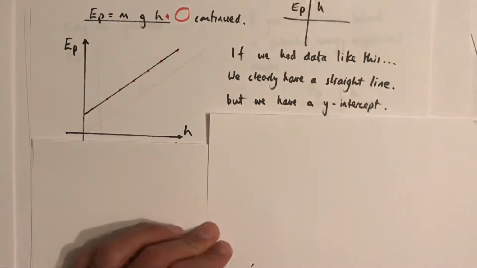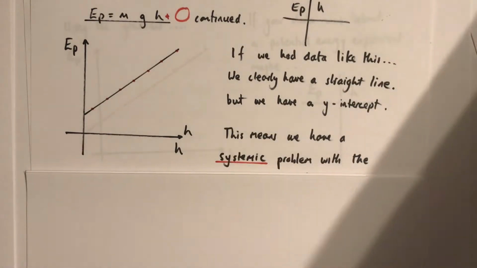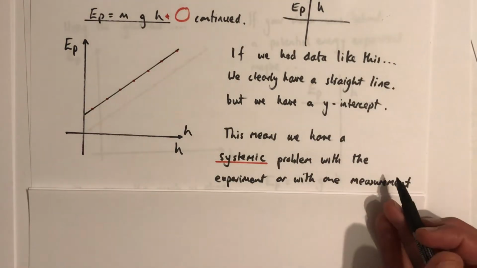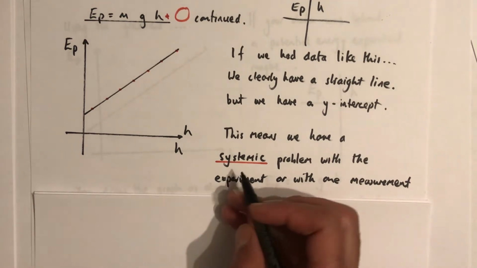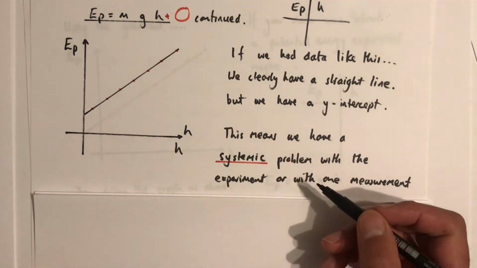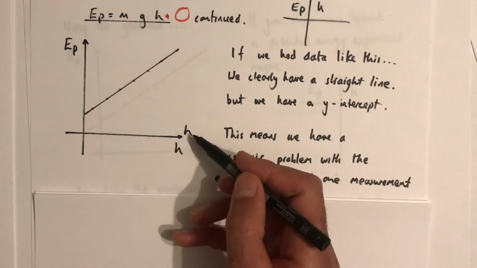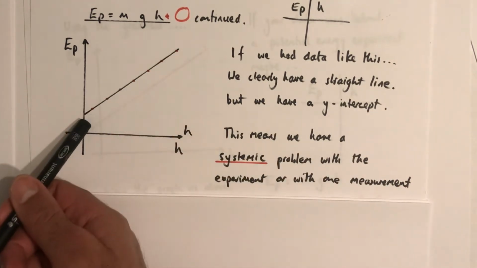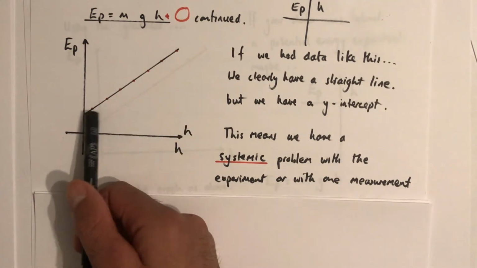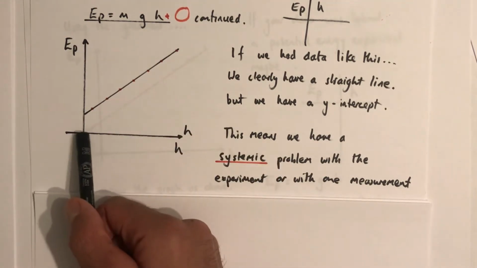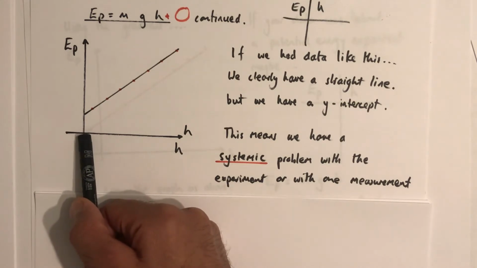This is what we would call a systematic problem with the experiment or with one of the measurements. Something's wrong with all these h values because they all sit nicely and obey some sort of proportionality, but it's not direct proportion because the line doesn't go through the origin.